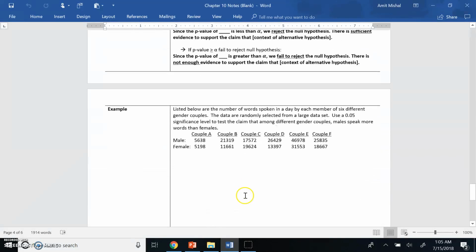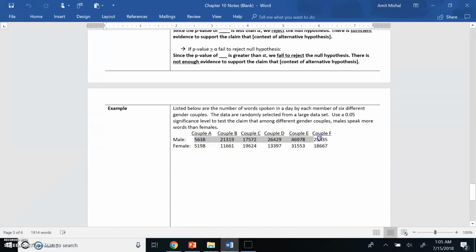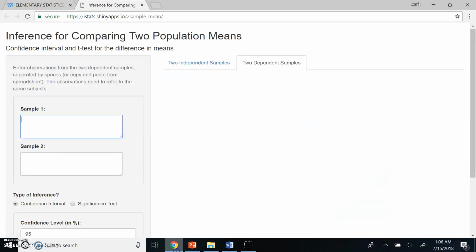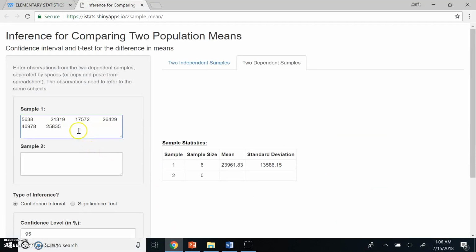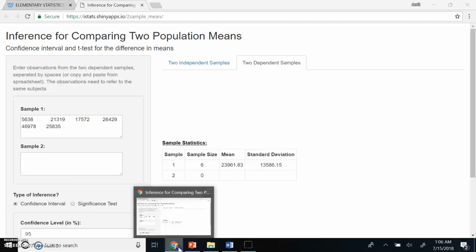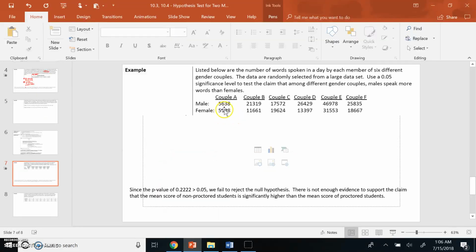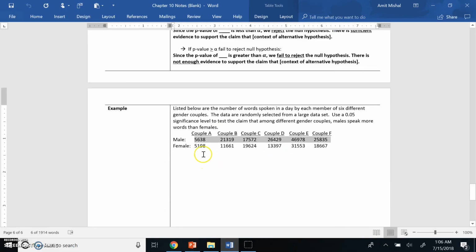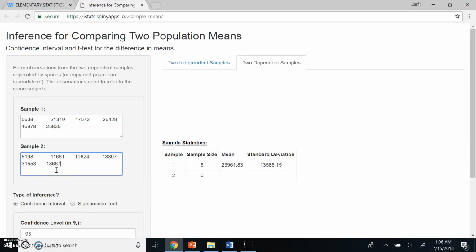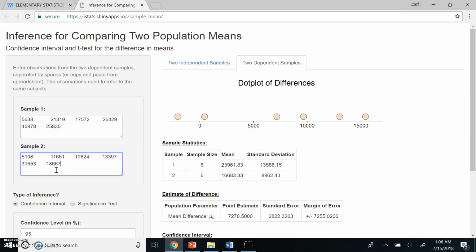So for the first sample, I'm going to copy and paste the values. These are the words spoken by husbands. And then for the second sample, these are the words spoken by their respective wives. I will also paste.